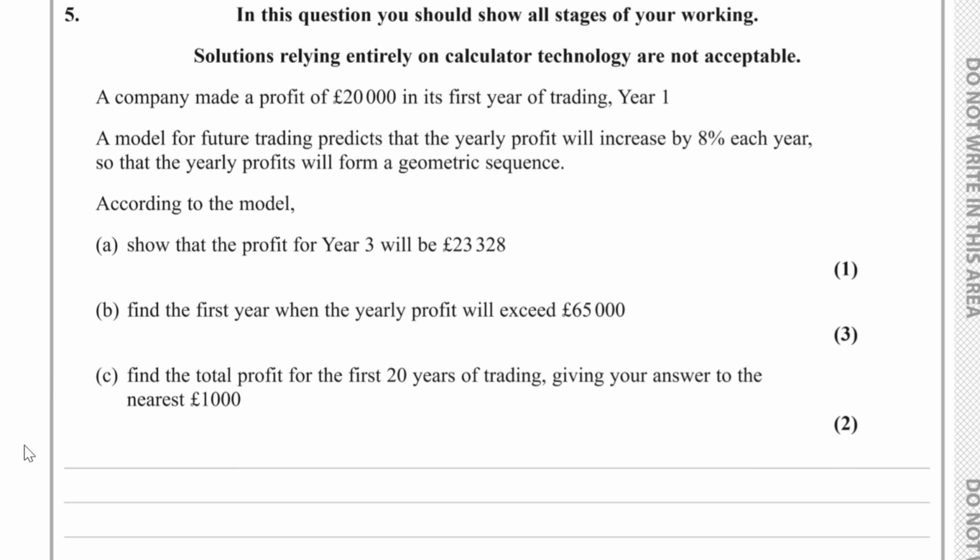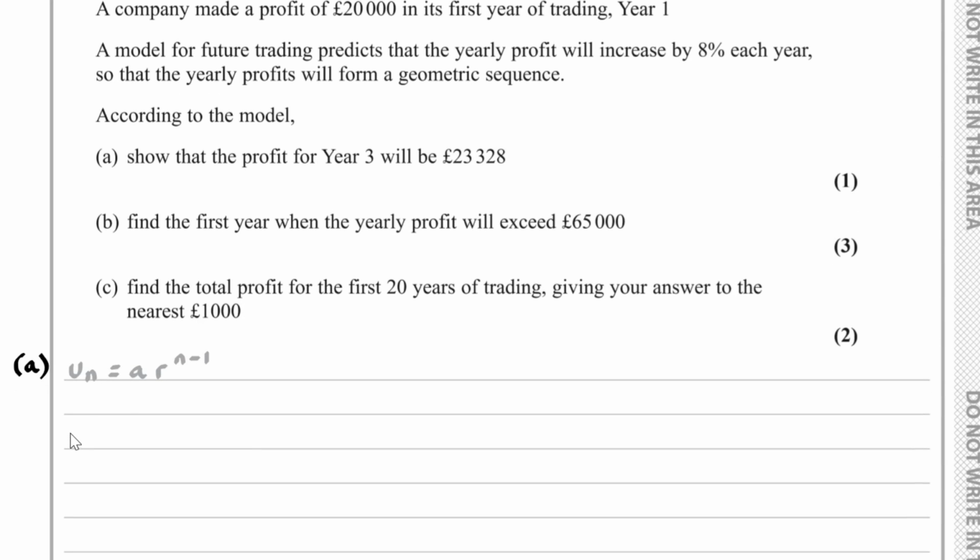For part A, if we have a geometric sequence, of course, with a geometric sequence, un is equal to a, the first term, multiplied by r to the power of n minus 1. We are finding the profit in year 3. In other words, we are finding u3.